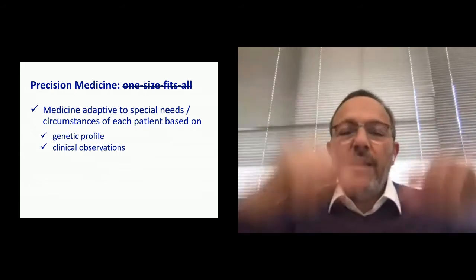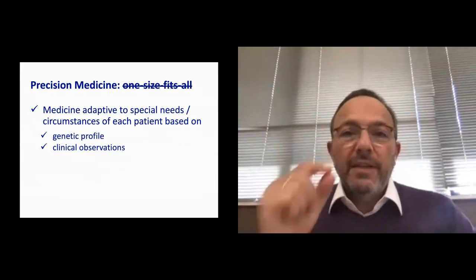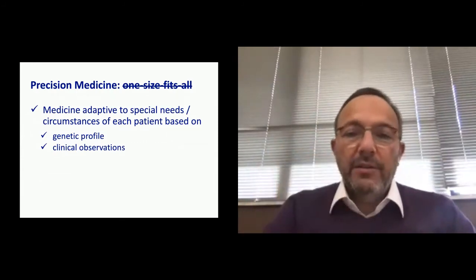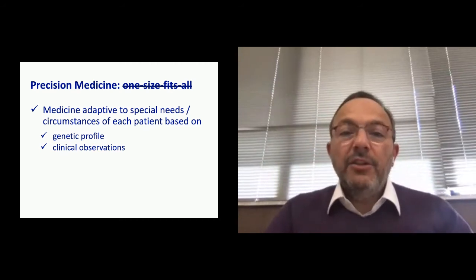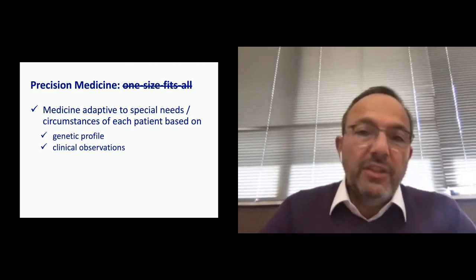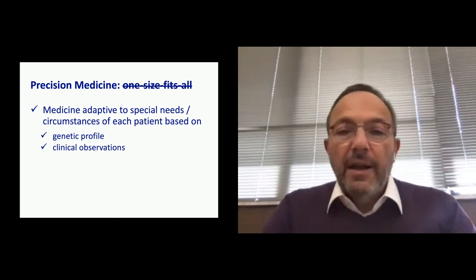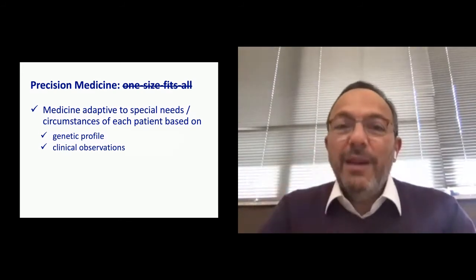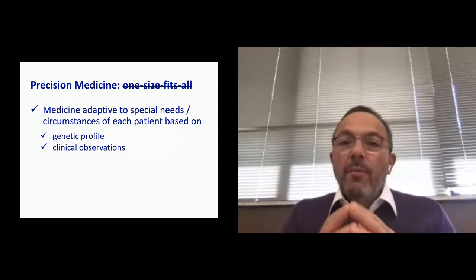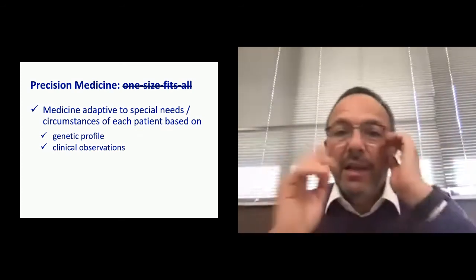Each one of us, for the same condition, may need special treatment, because of the genetic profile. Depending on whether a gene is expressed or not, you may need a different treatment. And clinical observations may also suggest a different treatment.